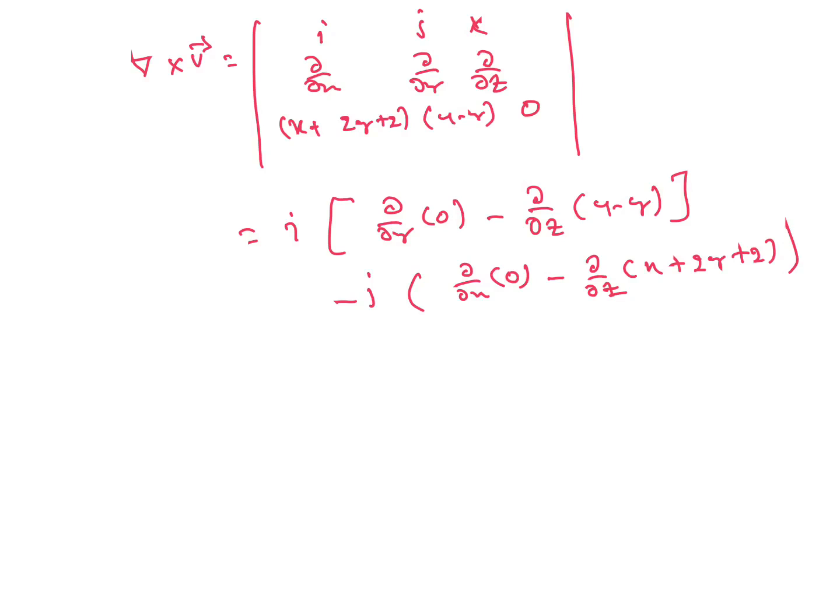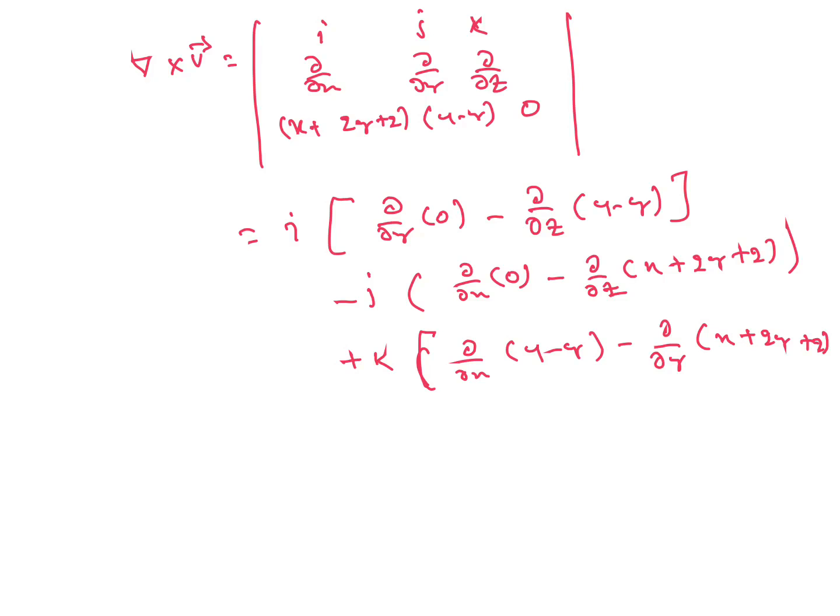Then k cap into ∂/∂x of (4 minus y) minus ∂/∂y of (x plus 2y plus 2).